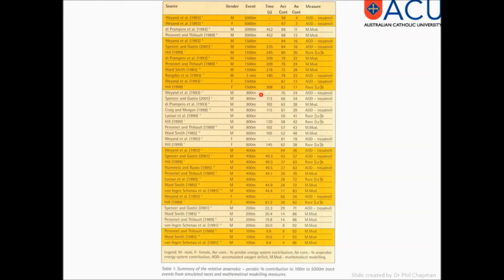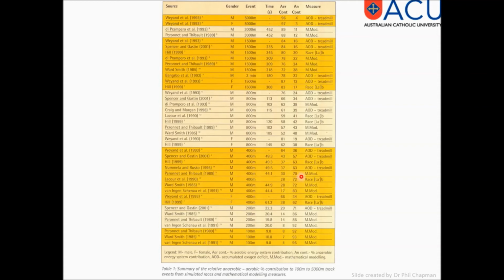800 meters, it's about 1 minute 40 for the world record, 1:41, and still around 55 to 70% aerobic contribution and anaerobic contribution here. So we're starting to get closer to our 50-50%, which is more towards the 400 meters.